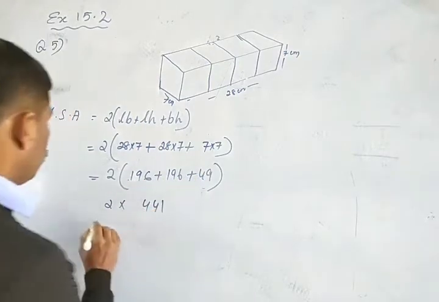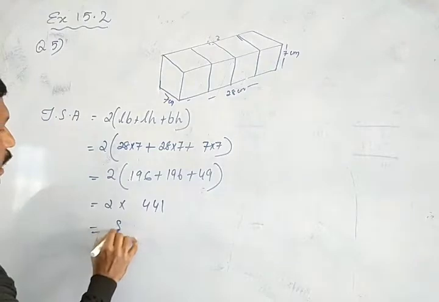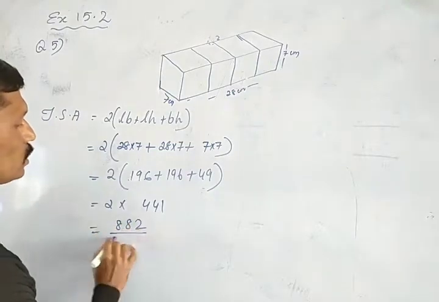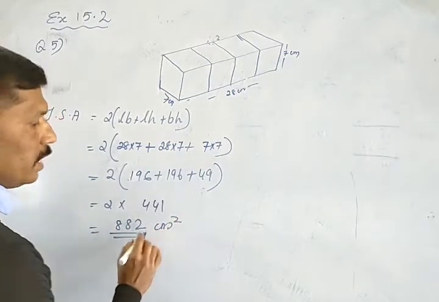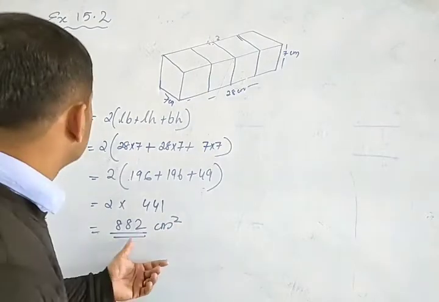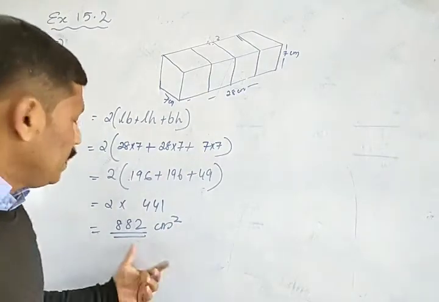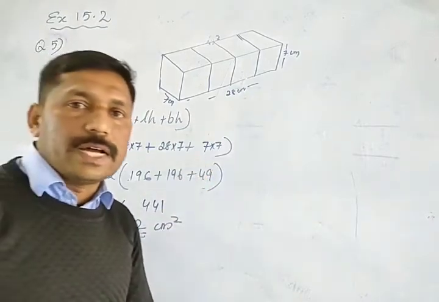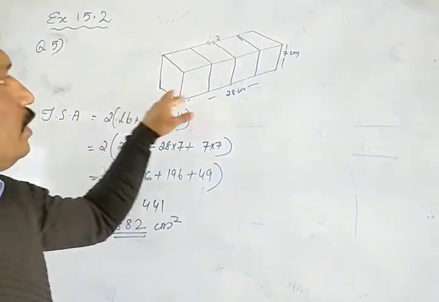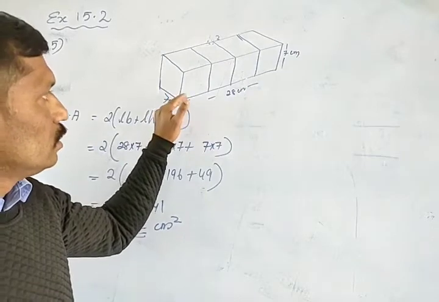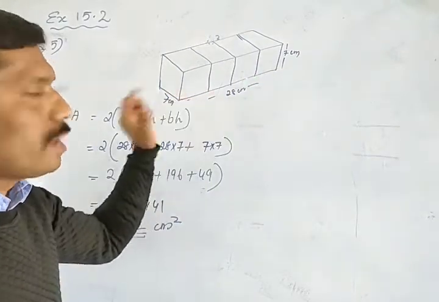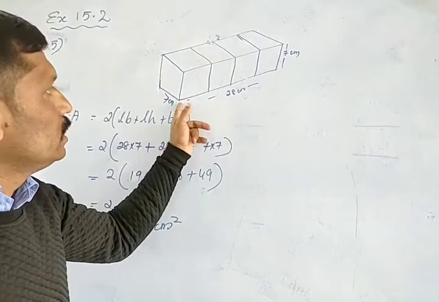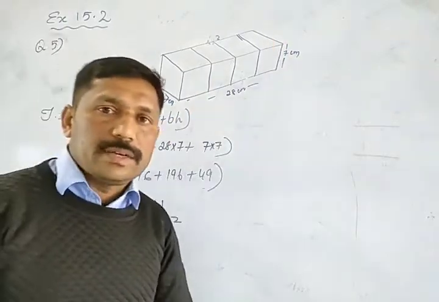Then we multiply, we get 882 centimeters square, which is the total surface area of that cuboid. Here we have taken 28 as the length, and breadth is 7 and height is also 7.